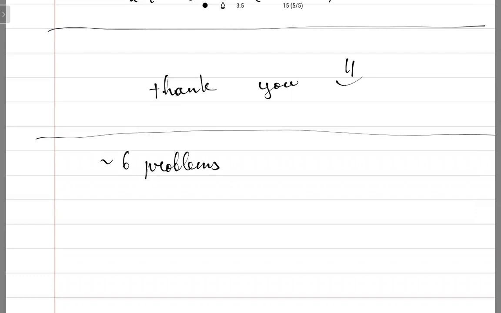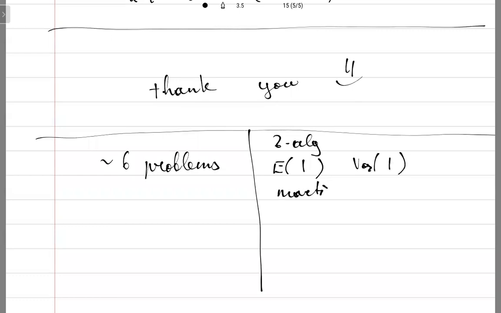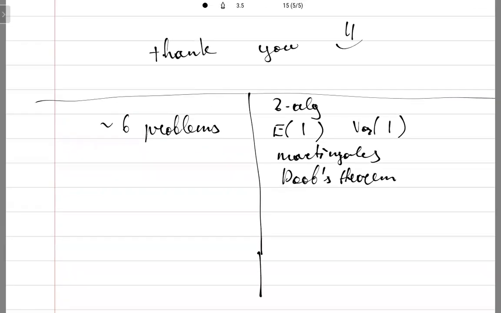The topics we have covered are sigma algebras, conditional expected value, conditional variance, martingales, Doob's theorem. We also covered stopping time.